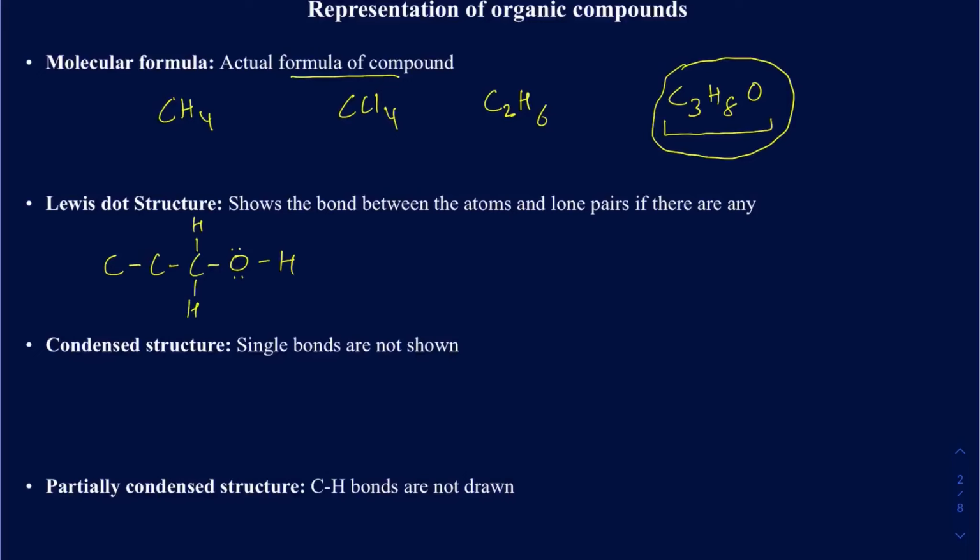And remember, we have to have 4 bonds for each carbon because carbon is tetravalent, and you want to make sure you show all your necessary lone pairs on the individual atom. Like in this case, oxygen is going to have 2 lone pairs. So that's one way of representing this particular molecule with formula C3H8O.